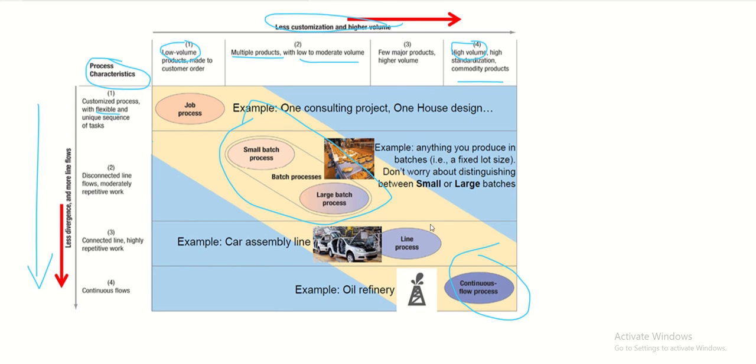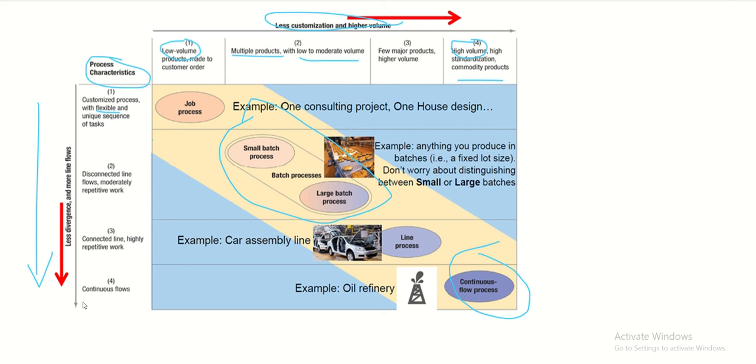Moving on to the final portion, which is line process and continuous process. Actually, there is not much of a difference between line process and continuous flow process. In those processes, you usually only produce a single product. So there's basically no flexibility in these two.